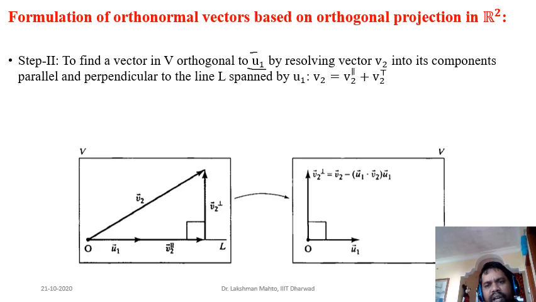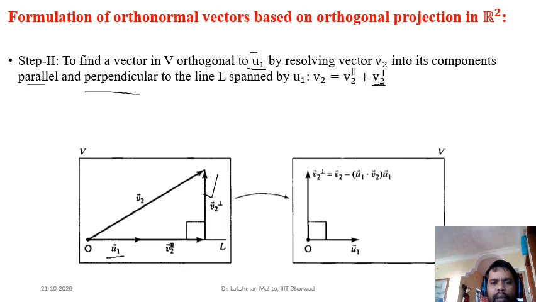So how can we find that? In order to find that vector, we have to resolve the second basis vector v2 into two components, a parallel component and a perpendicular component. This is v2 perp. Here you can see in the geometry that v2 perp is perpendicular to v1 and hence perpendicular to u1.